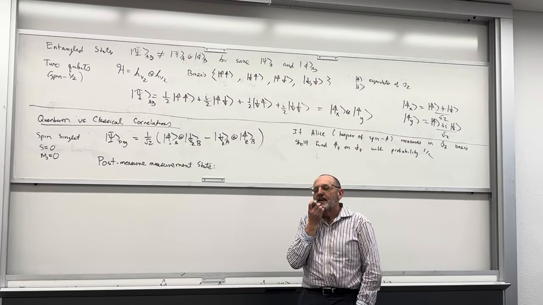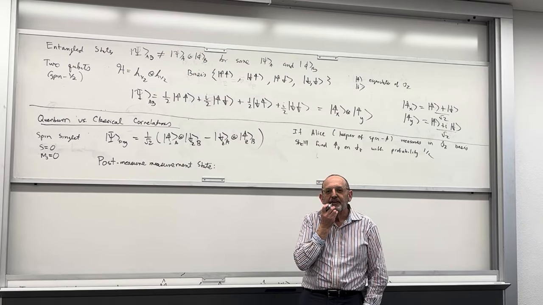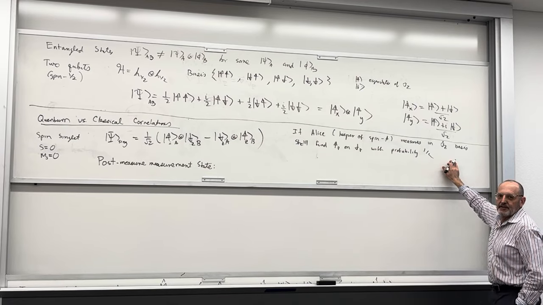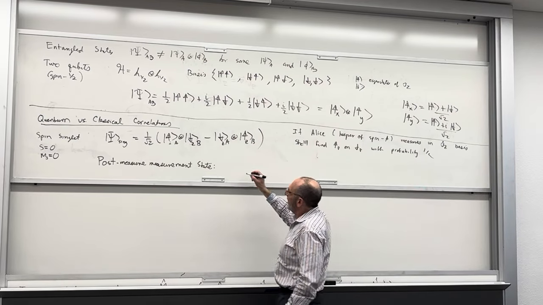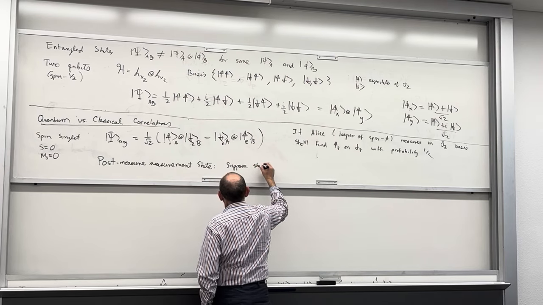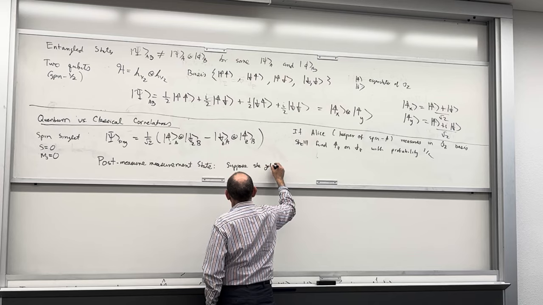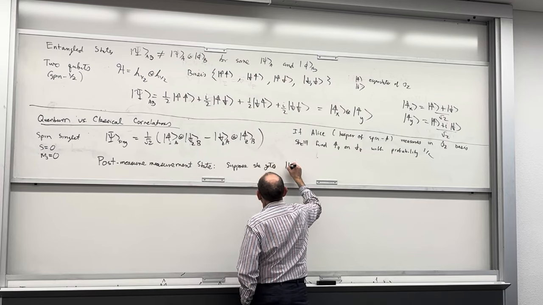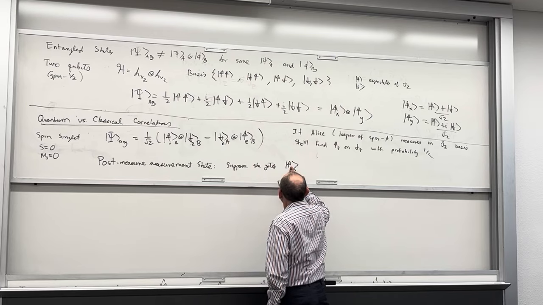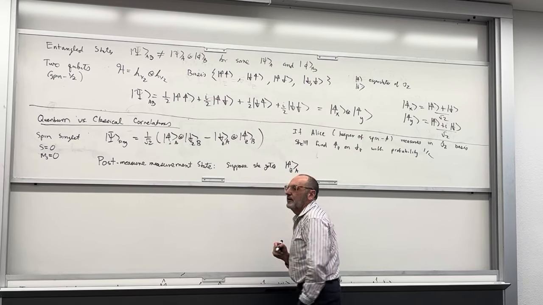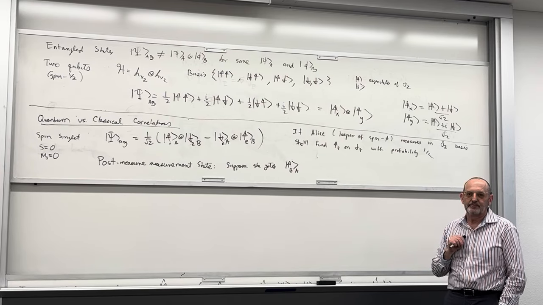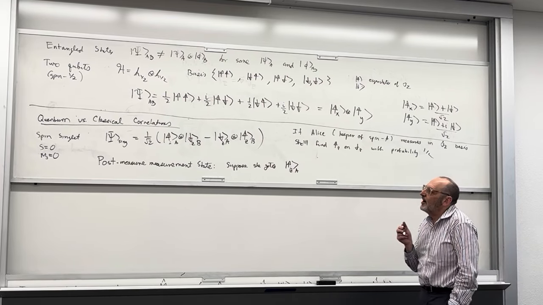Well, if she measures in the sigma z basis, suppose she gets spin up along Z for her spin. And I want to say, what's the post-measurement state? How would I find that?